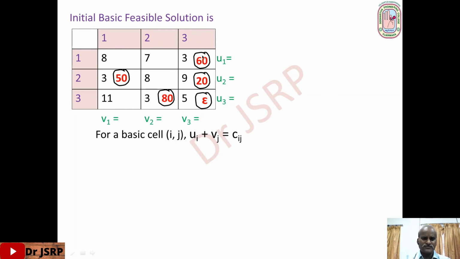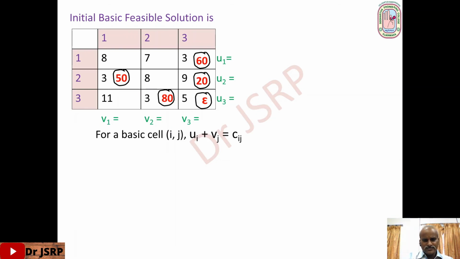Here how many cells we have? 3 plus 2, 5 cells. That means we have 5 equations. But number of unknowns? 1, 2, 3, 1, 2, 3, 6. 6 unknowns. So there are 5 equations in 6 variables. That means one variable is more than equations. So in that case, we can choose one variable some arbitrary constant. Okay, arbitrary you can take any one.